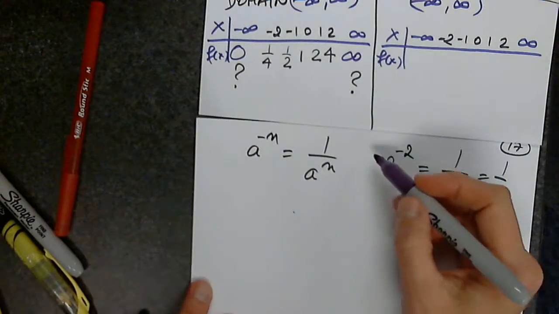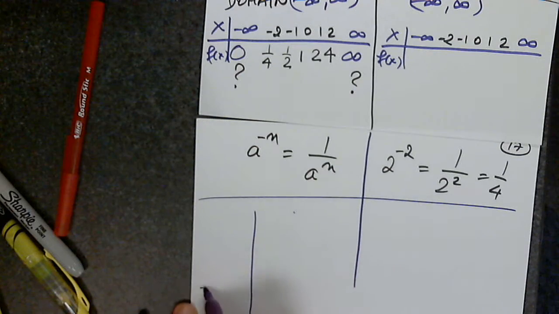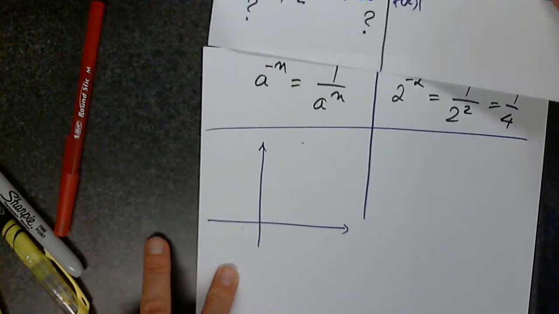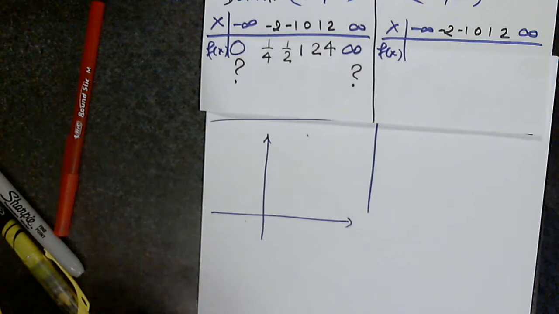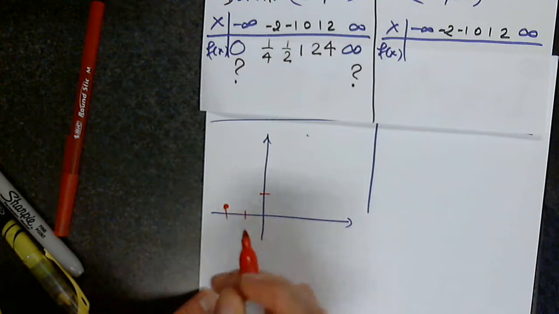So let's graph. Here's the graph. Please tell me the first ordered pair that I should plot. First ordered pair is? -2. Excellent. -2, 1/4.